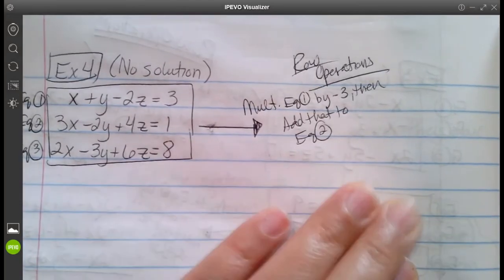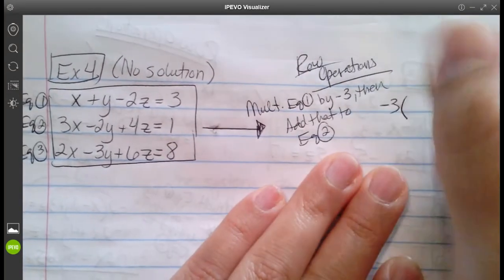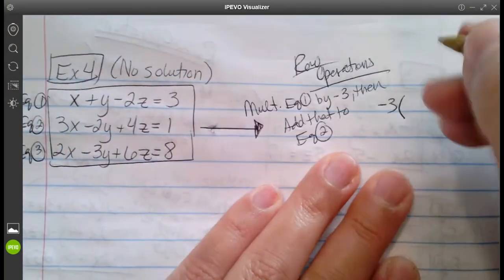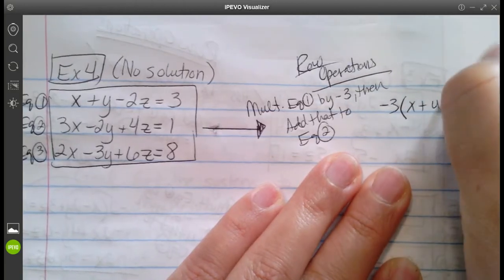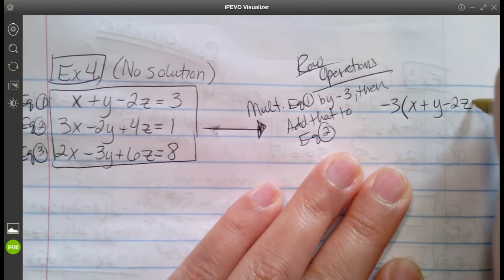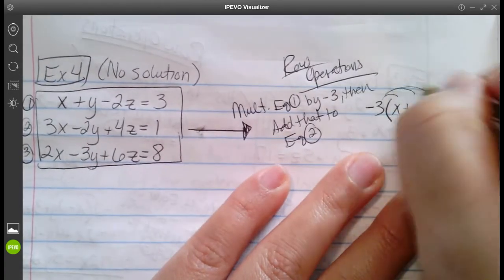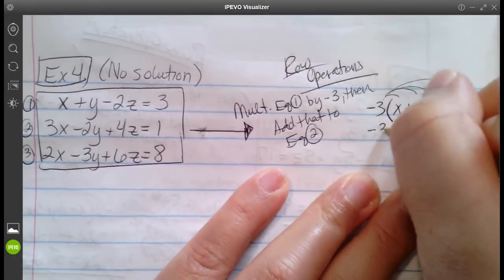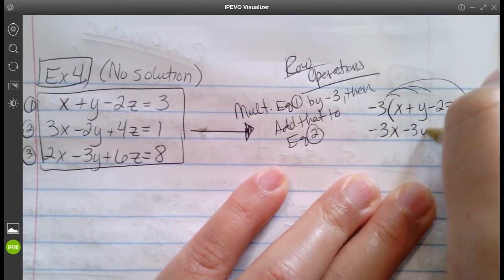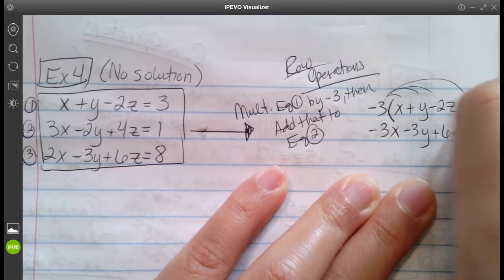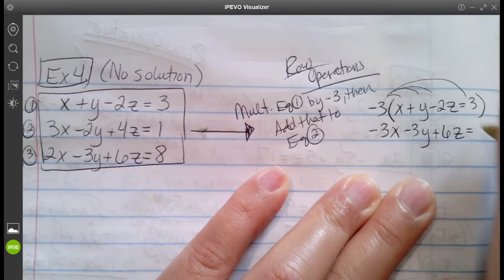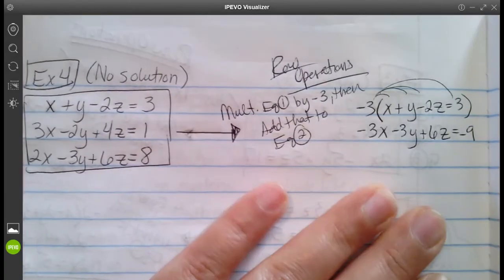Here is that operation. Negative 3 times all of this, x plus y minus 2z equals 3. I just distribute everything: negative 3x minus 3y plus 6z is equal to negative 9.